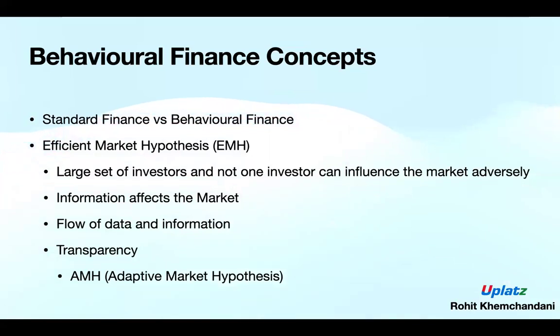Now we'll discuss the adaptive market hypothesis. So we have discussed EMH. Now we'll discuss the adaptive market hypothesis. AMH is basically research that modifies the efficient market theories with behavioral economics, asserting that markets evolve over a period of time as individuals utilize biases to make investment decisions.